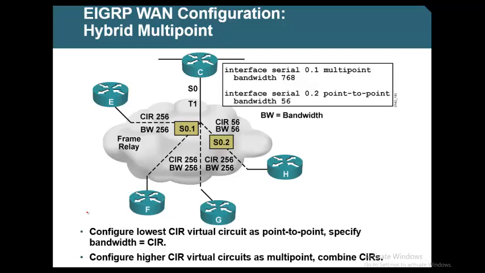Router C's multi-point serial interface should be configured with 768, because that is the sum of 256 plus 256 plus 256.